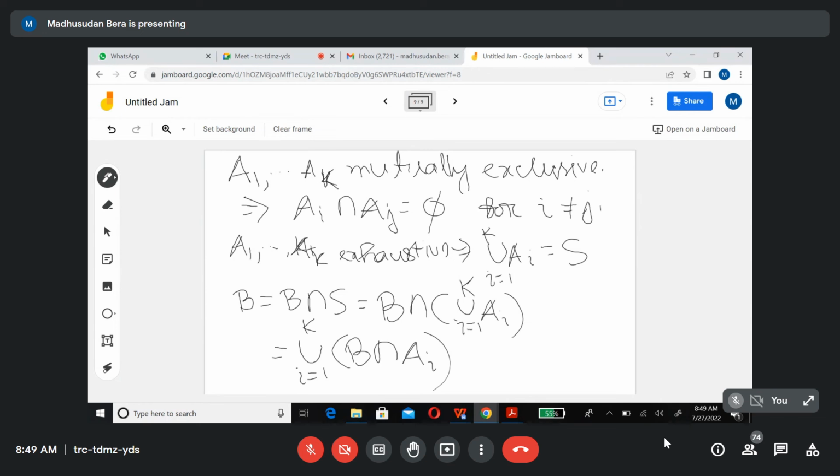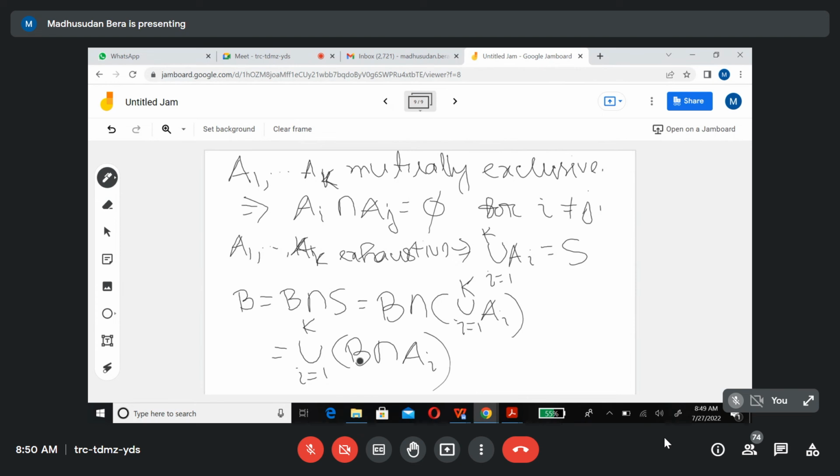Yes, sir. Now what will be the probability of B? Probability of B will be the probability of the union of this set. But one thing: this collection, B intersection AI, is also mutually exclusive. Why is it mutually exclusive?